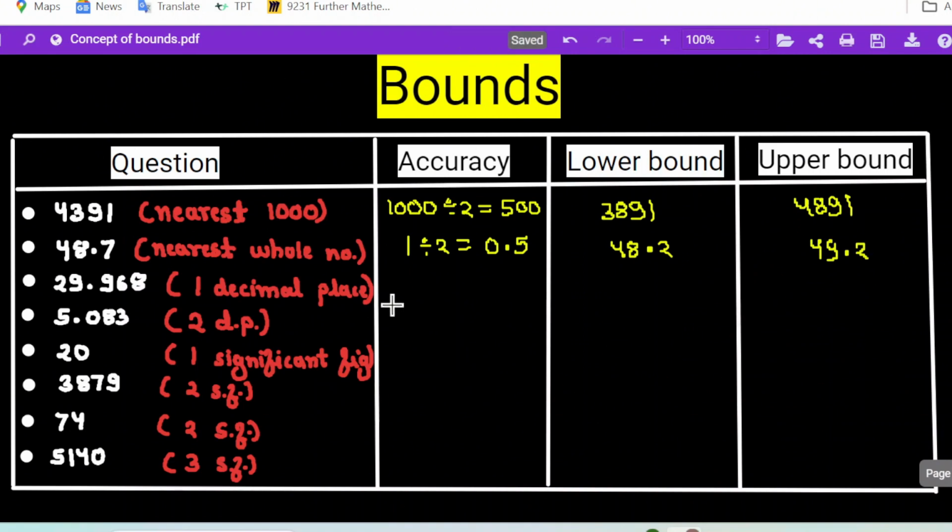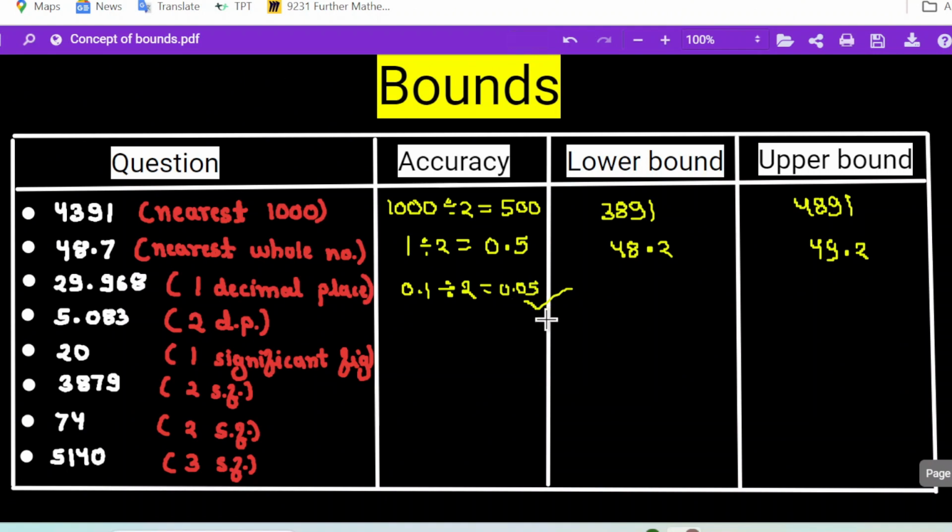Okay, now how about if there is a change in the degree of accuracy? How to find this one? One decimal place. So we need to round it up or round it down to one decimal place. For the degree of accuracy, one decimal place is 0.1. And we know to find this one, we divide it by 2. 0.1 divided by 2 is 0.05.